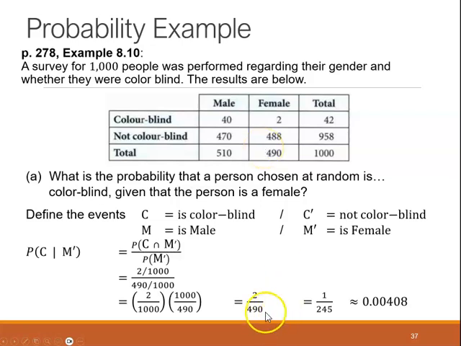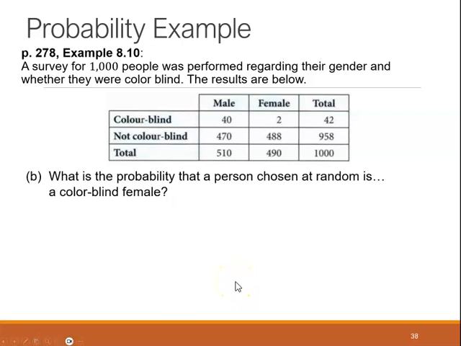So I'd have 2 out of 490, or any of these answers over here. Everybody's okay? Notice that this time I wrote it as probabilities just to illustrate to you that whether you take a count or a probability, you end up with the same result, right?